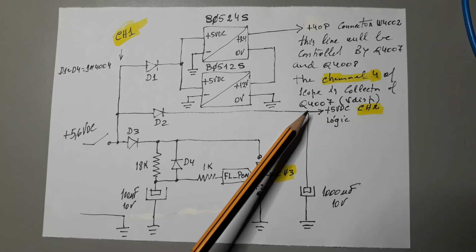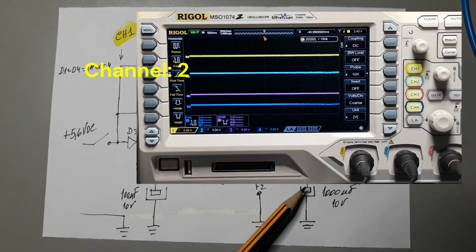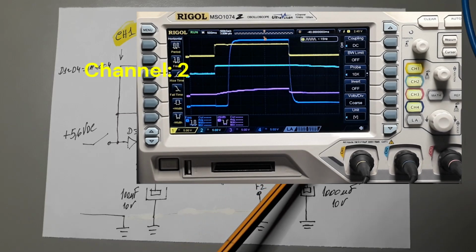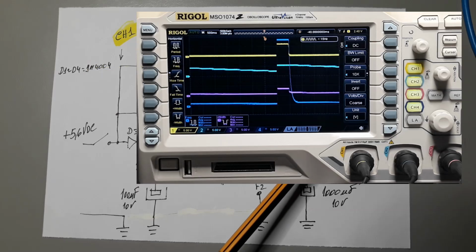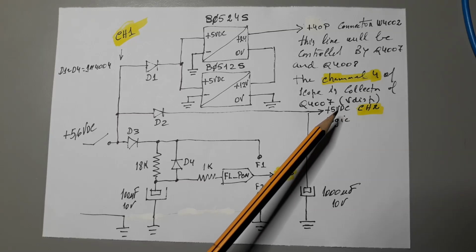This means when you release the plus 5 volts DC, you will stay with the charge of this capacitor to load your driver, and it will keep the plus 5 volts DC present.